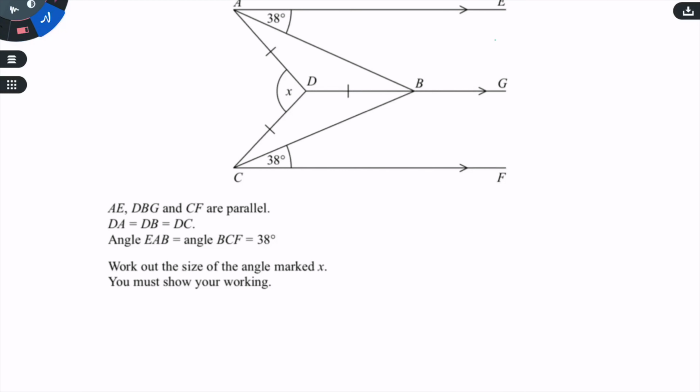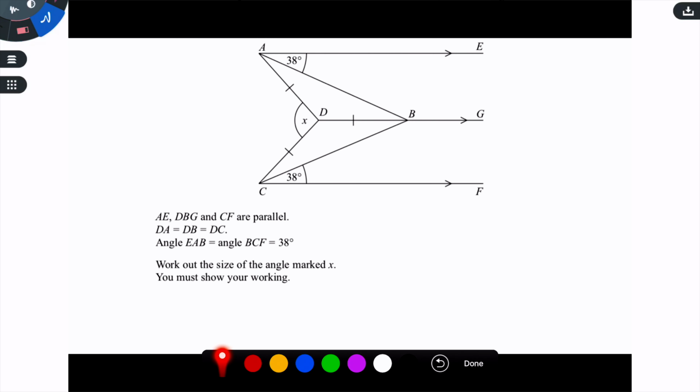Hi everyone, so this is the question that I wanted to go through. This is in the higher tier paper and in the foundation paper. AE, DB, CF are parallel, okay?